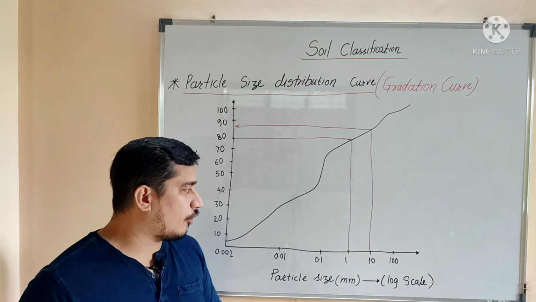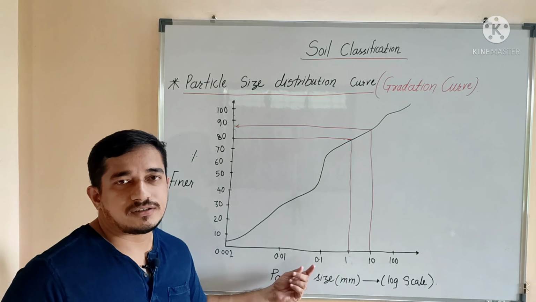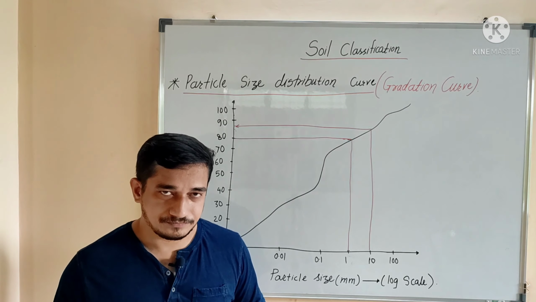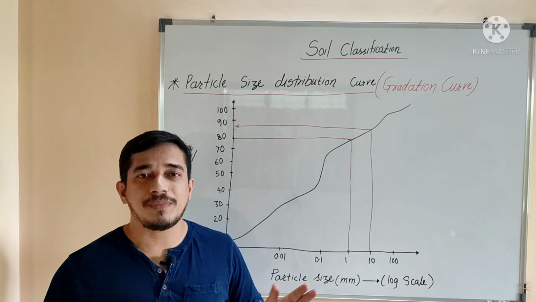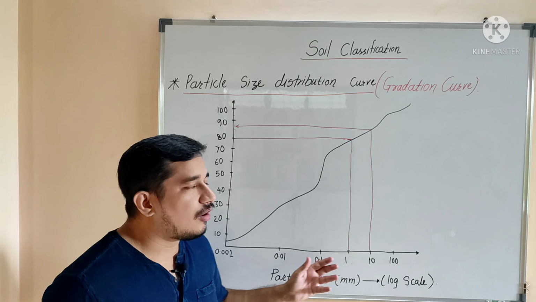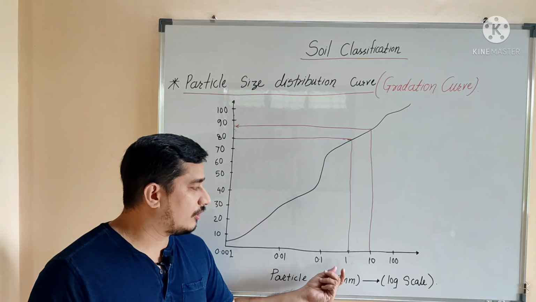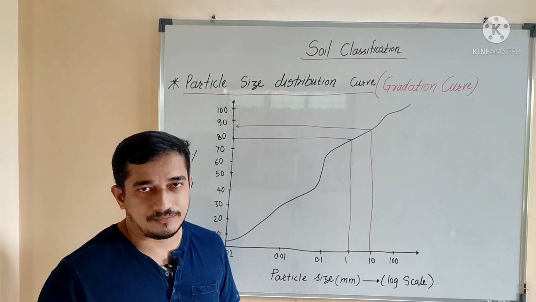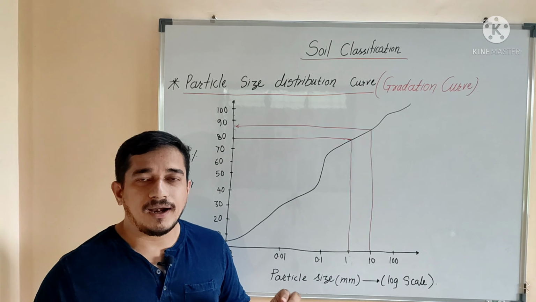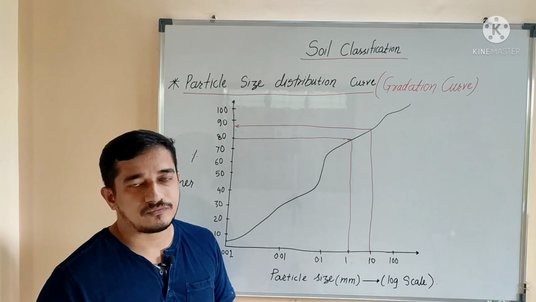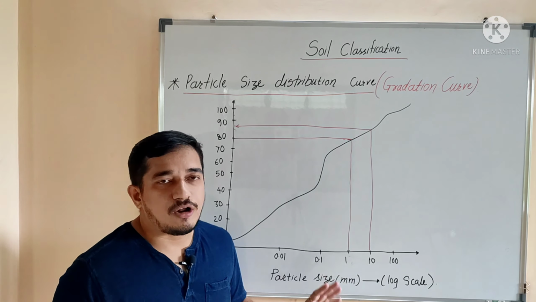As there is a large variation, to accommodate this large number of sieves or particle sizes, we plot on a log scale, as it is in multiples of 10. After 0.1 you give 1. So that is a log scale. That's why we can accommodate a wide range of data, and that provides easy analysis of this curve. So that's why we plot particle size in a log scale.